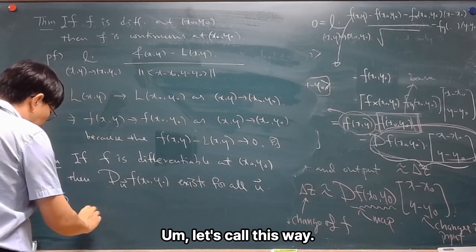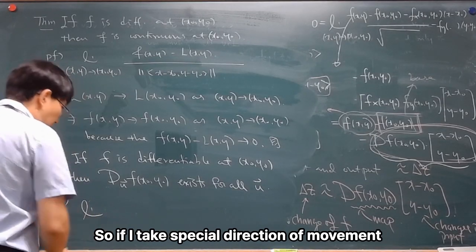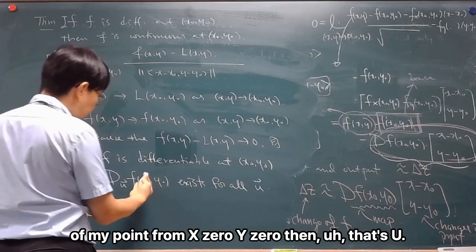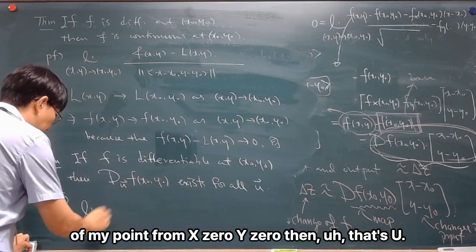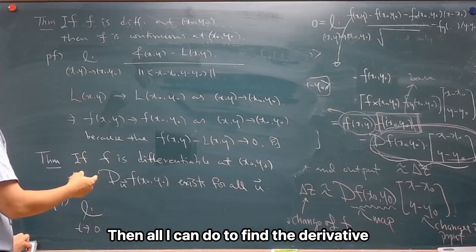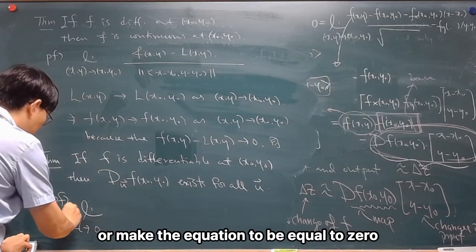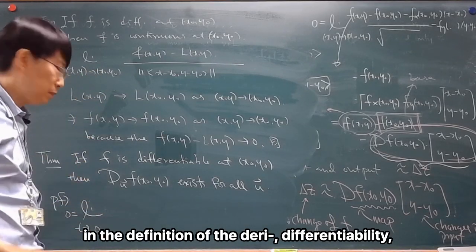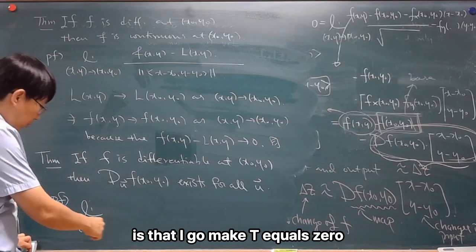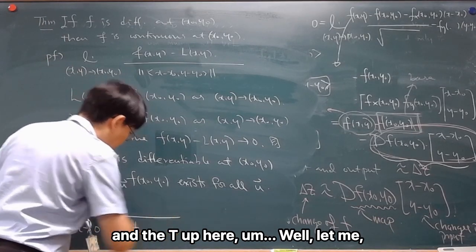Why? Let's call it this way. If I take a special direction of movement of my point from x0, y0, that's u. Then all I can do to make the expression equal to 0 in the definition of differentiability is make t go to 0.